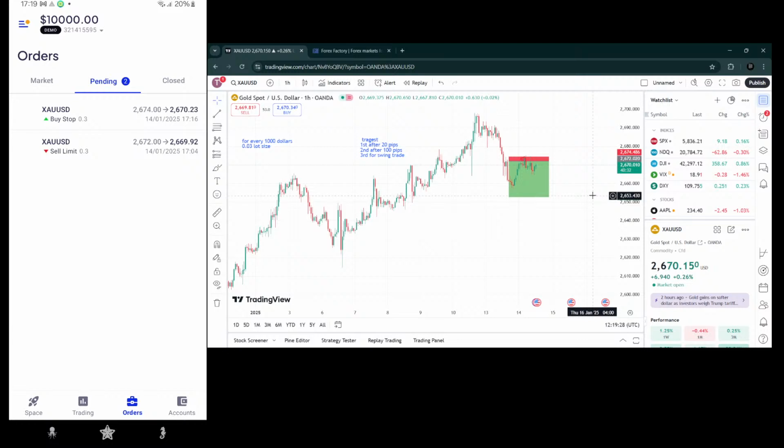And first thing is this. Second thing is price action. So I'll tell you how price action works. For example, this is 2600 and this is 2700. So this is all a $100 move.